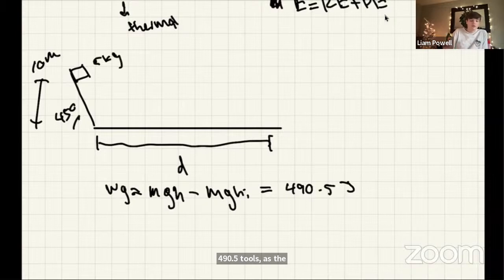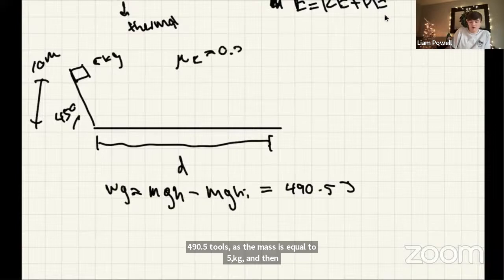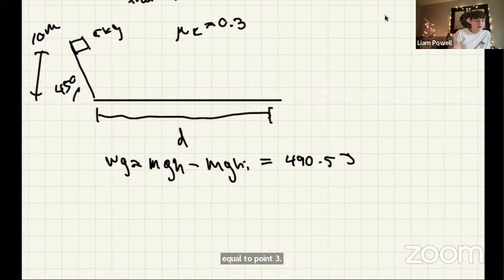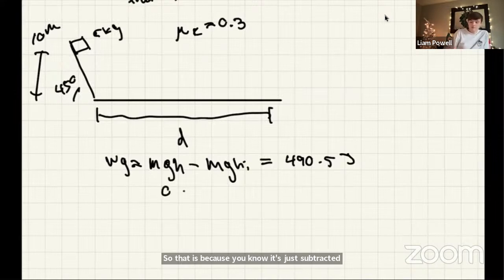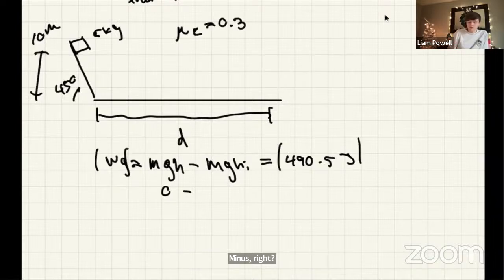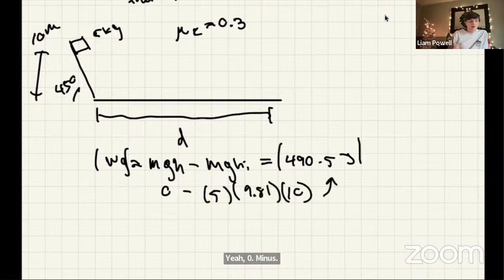And then the coefficient of kinetic friction is equal to 0.3. That is because it's just 0 minus 5 times 9.81 times 10 that gives you that.